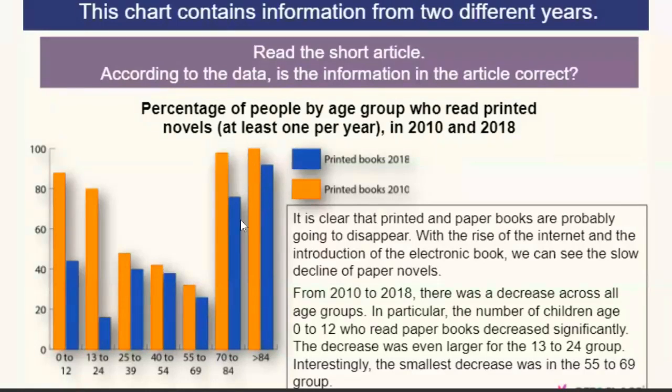Here we have the 2010 versus 2018. So each group should be independent, so that the changes in one do not influence the other when it comes to that bar graph.